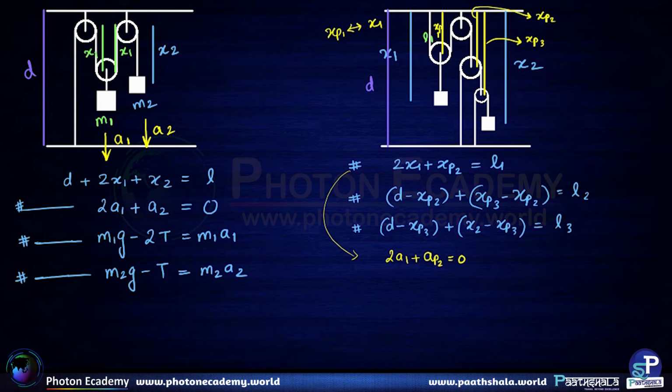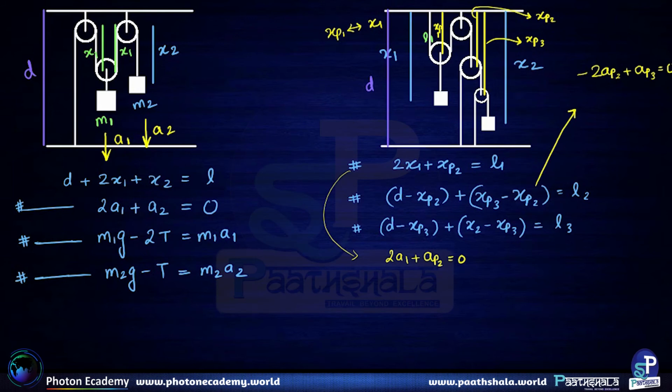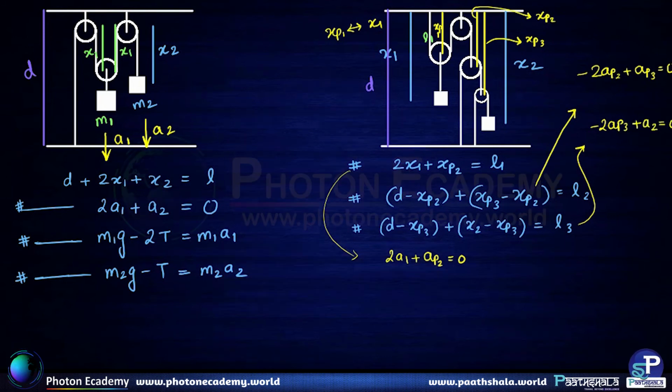From this second equation we are going to get minus 2 times ap2 plus ap3 equal to 0. And from this third equation we are going to get minus 2 times ap3 plus a2 equal to 0.